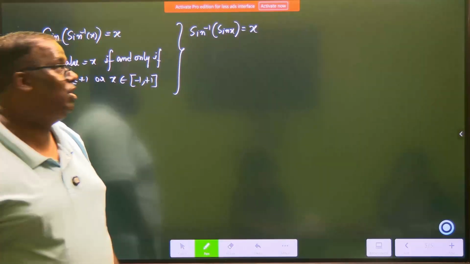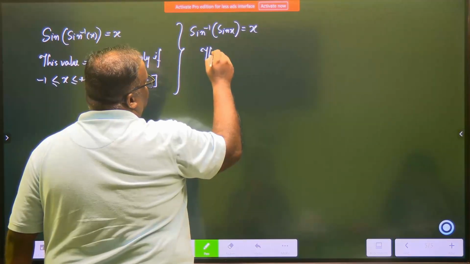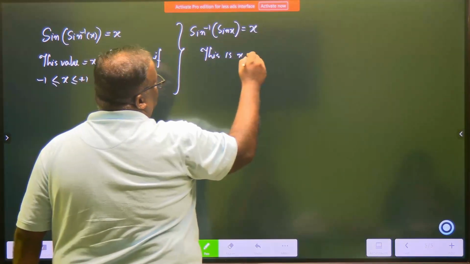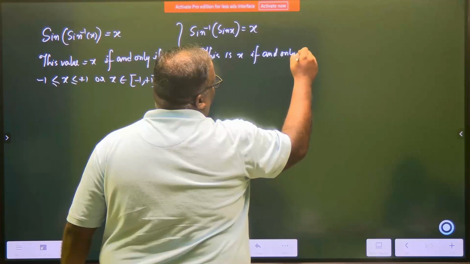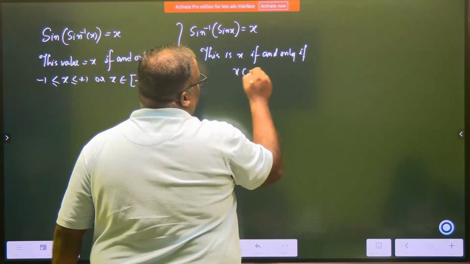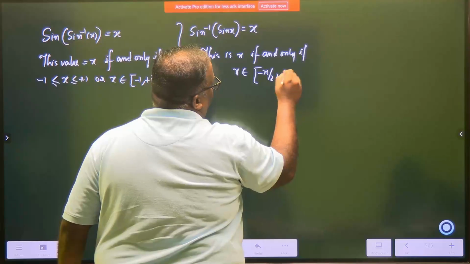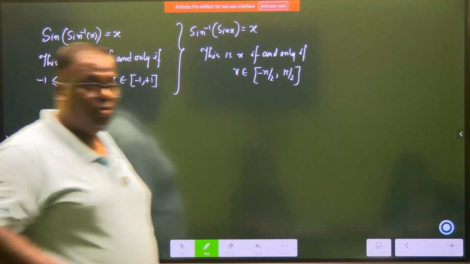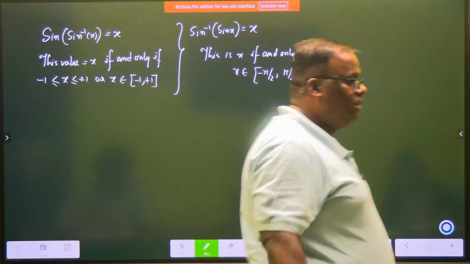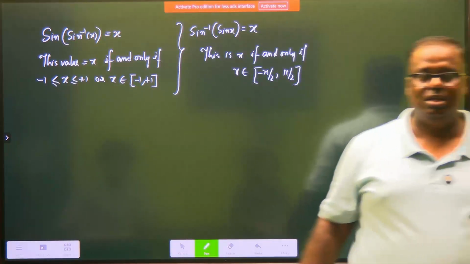So here, sine inverse of sine x is x if and only if x belongs to negative pi by 2 to pi by 2. Just check. Because in no other input will you get sine as bijective.